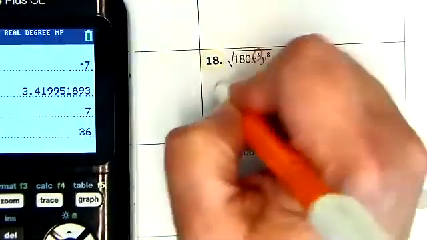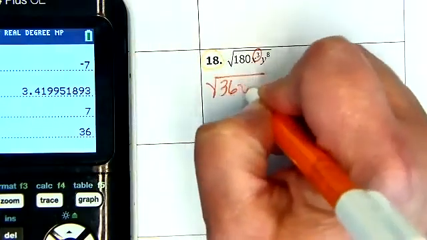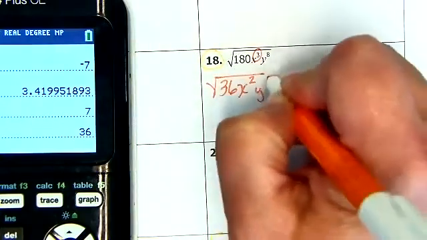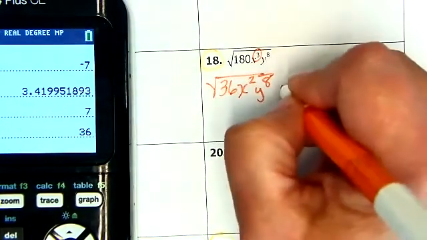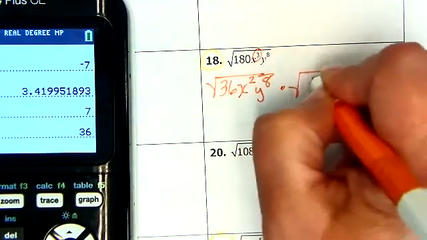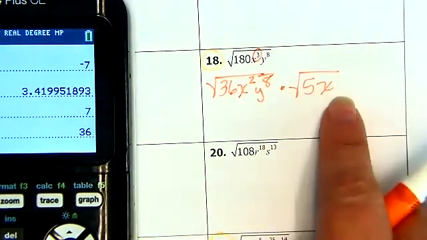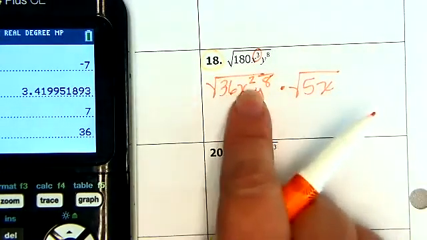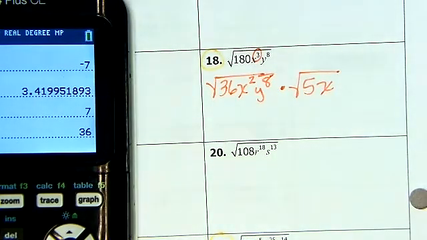So we end up with the square root of 36x squared y to the 8th. And then I'm going to have times the square root of 5x, because these two are not perfect squares. I want everything in perfect squares here, and then we have what's left. All right, and now we simplify.